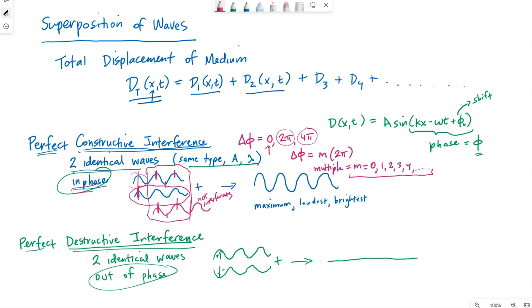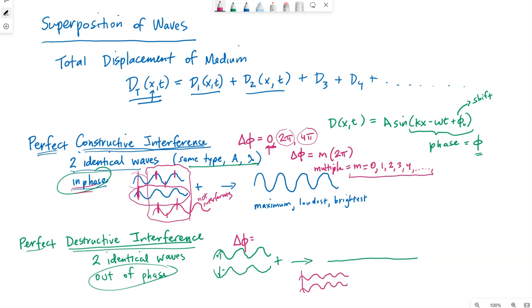Now, in the case of destructive, in order to shift from what was perfect constructive, so where the peaks lined up, oh dear, I'm not very good at drawing sine waves when they have to line up. So if they start out in phase, that's a delta phi of 0. No difference in their phase.